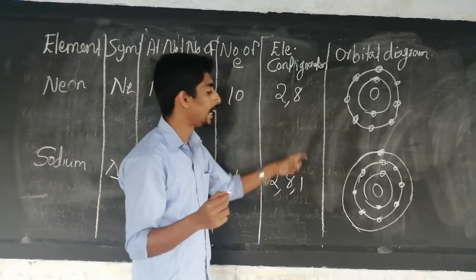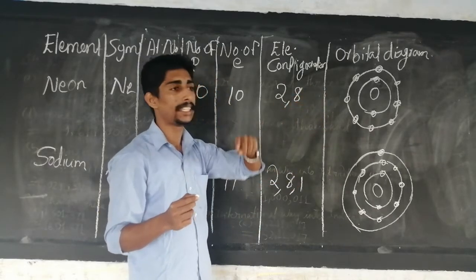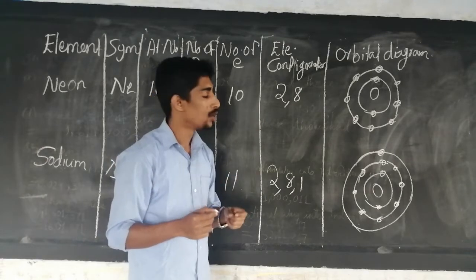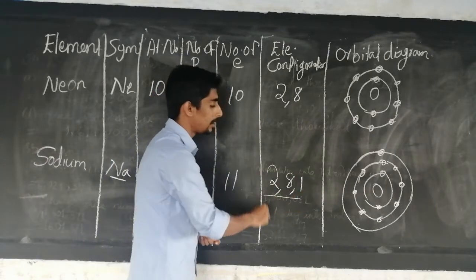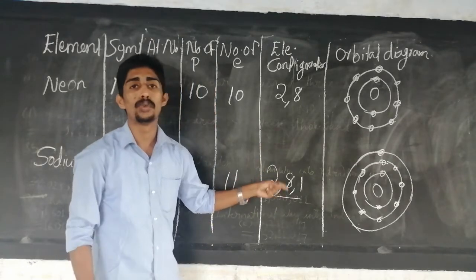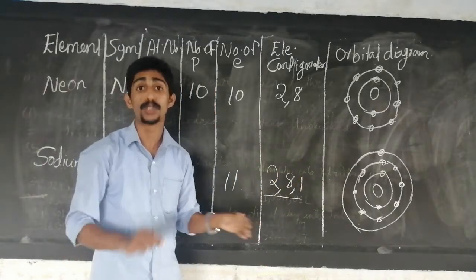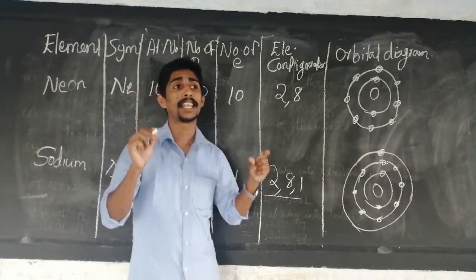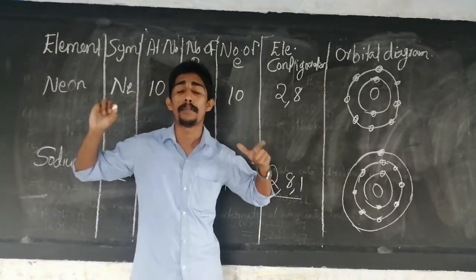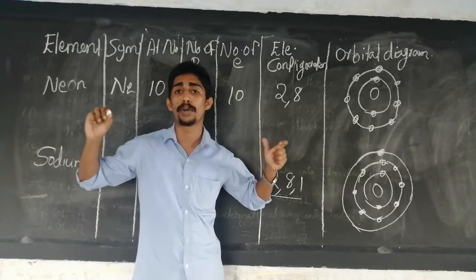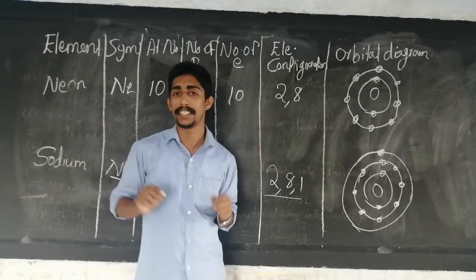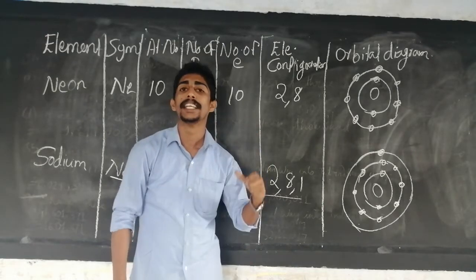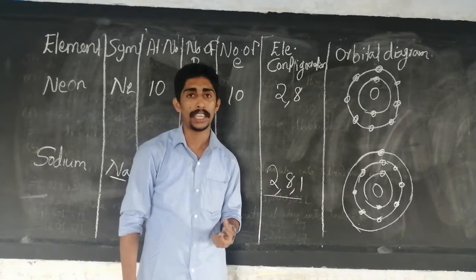That 1 electron will go to the M shell, that means third shell. So the electronic configuration of sodium is 2, 8, 1. Please don't write it as 2, 9, because the second shell can occupy maximum 8 electrons. So the remaining 1 electron will go to the third shell. Okay.